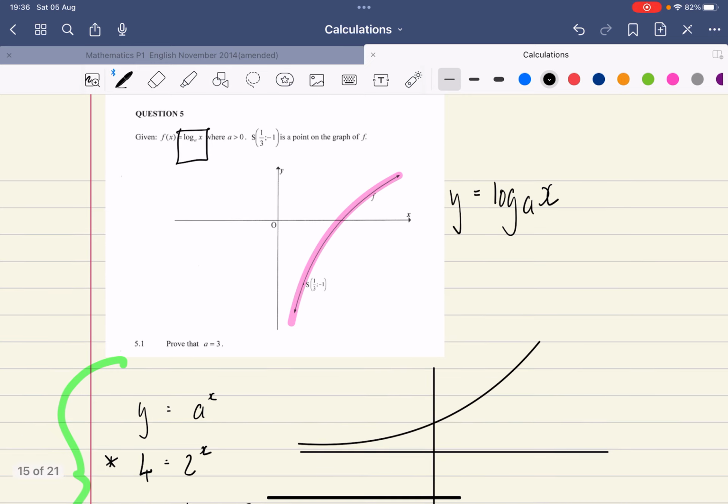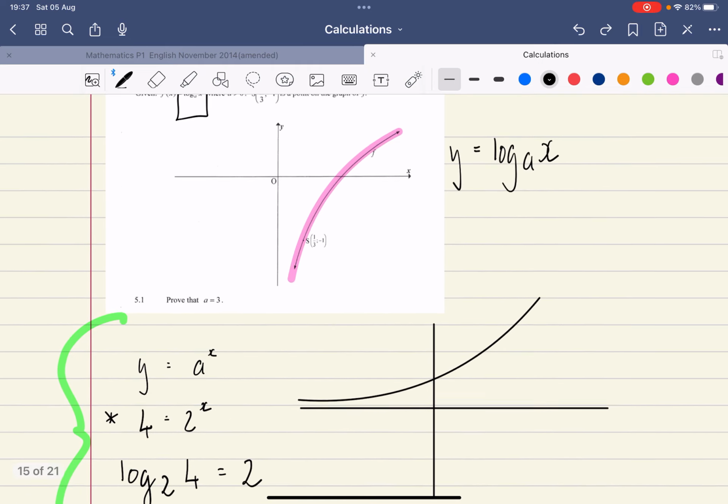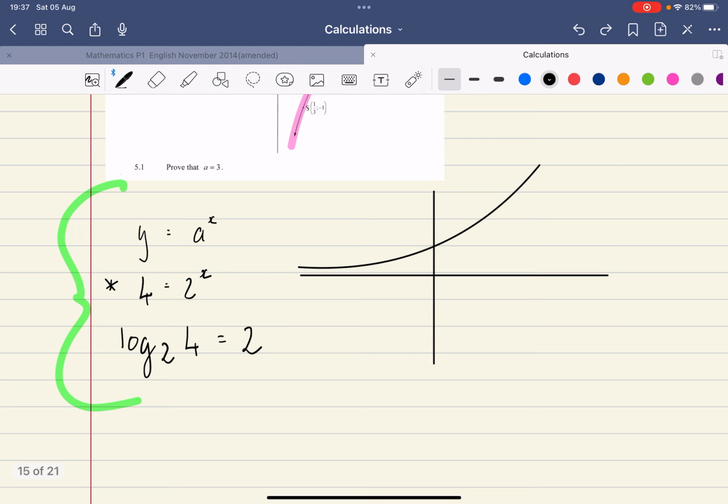So now we have a look. What other information did they give us though? Oh, wait. S is a point on our log graph. All right. And just quickly to mention this, when you take your exponential function and you turn it into a log function like this, your exponential graph flips in this manner, like so.